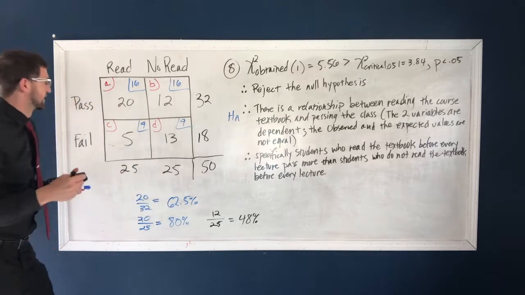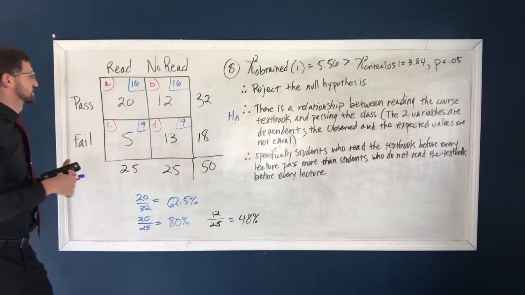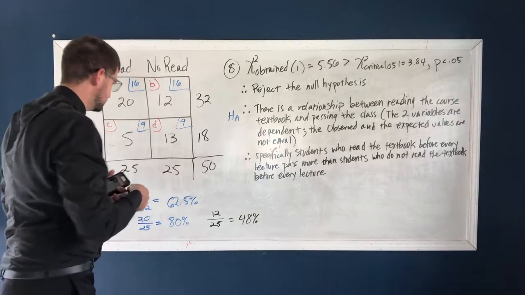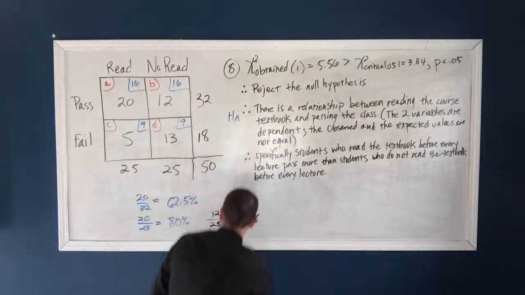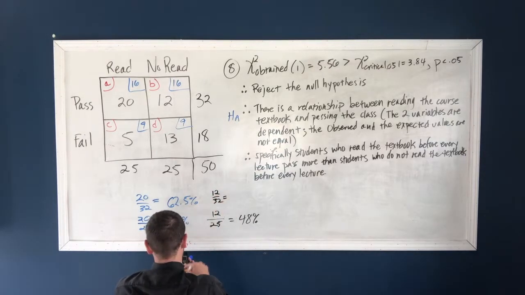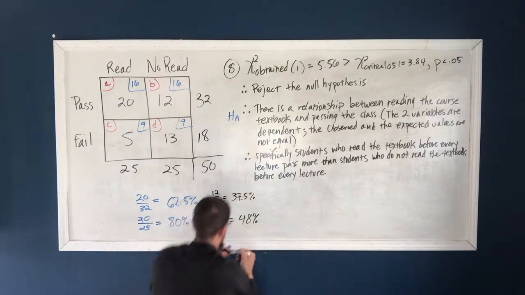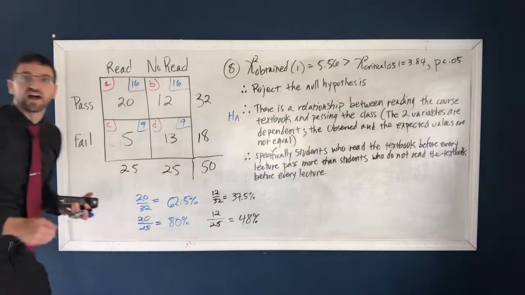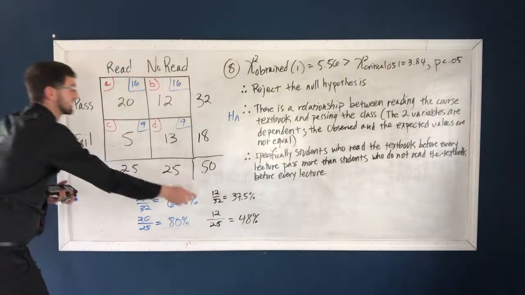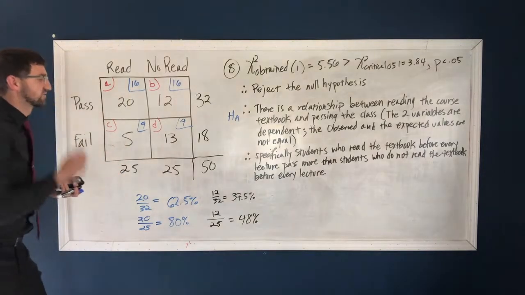So 62.5% of students who passed the class read the textbook, whereas only 12 divided by 32, or 37.5%. So 37.5% of the students who passed the class did not read the textbook.